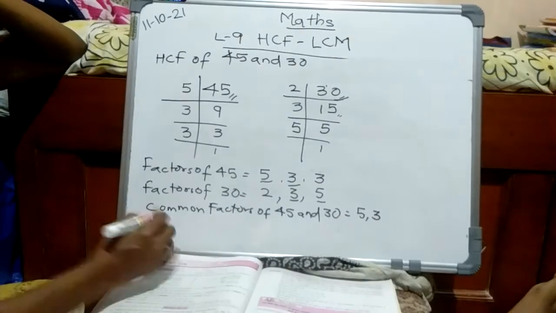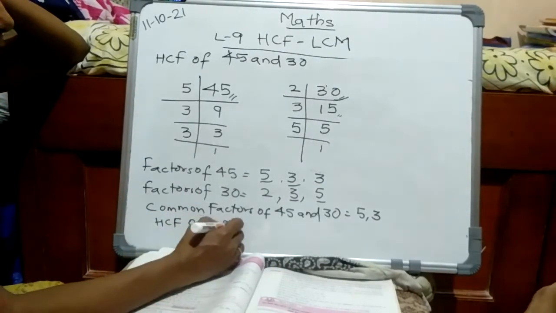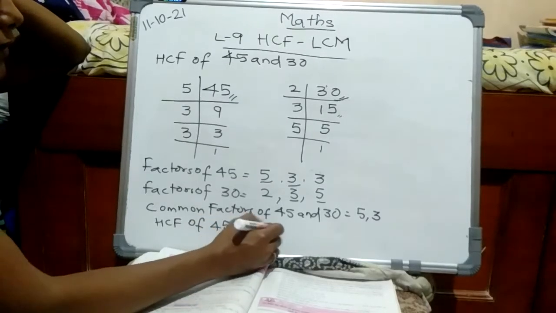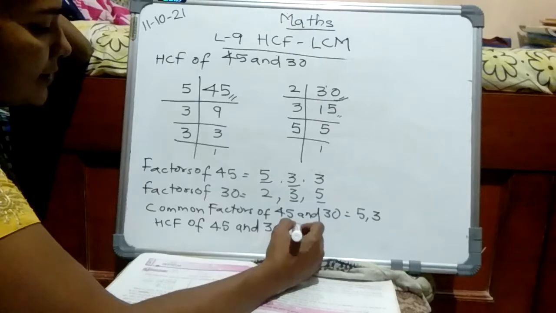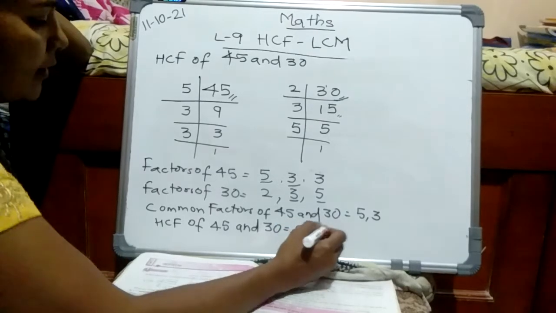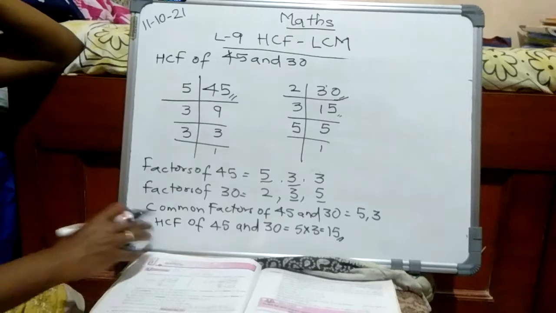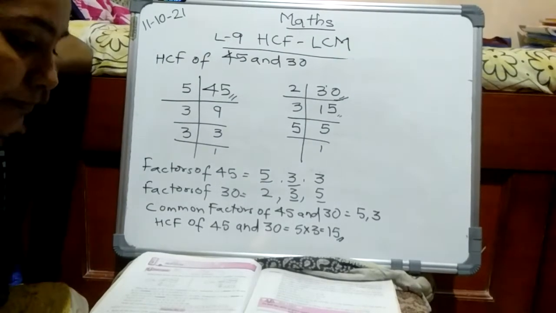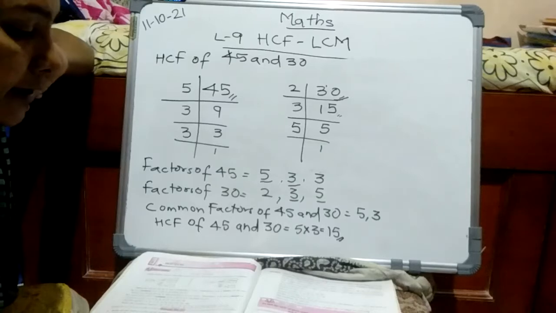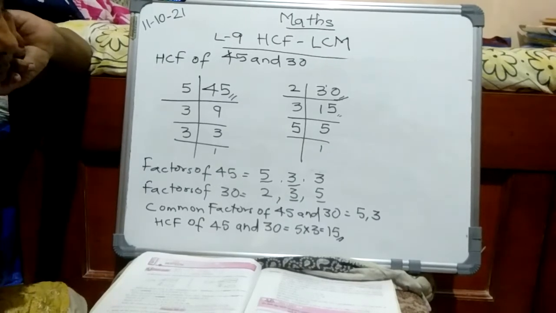Now we have to find the HCF of 45 and 30. We will multiply these two common factors, that is 5 into 3, 15. So the HCF of 45 and 30 is 5 into 3, that is 15.